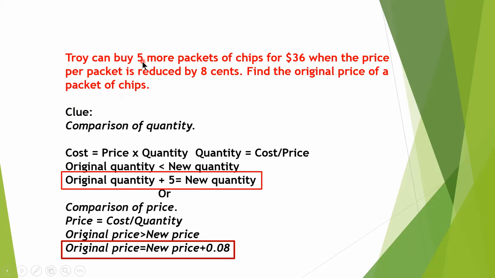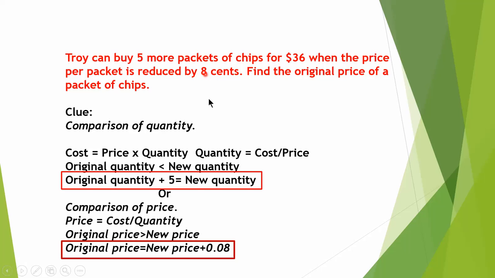See, original price is there. Original price is reduced by 8 cents so that you can buy 5 more packets. So you have 2 quantities, original quantity and new quantity. So original quantity at original price is lesser than new quantity. New quantity is greater because price is reduced.